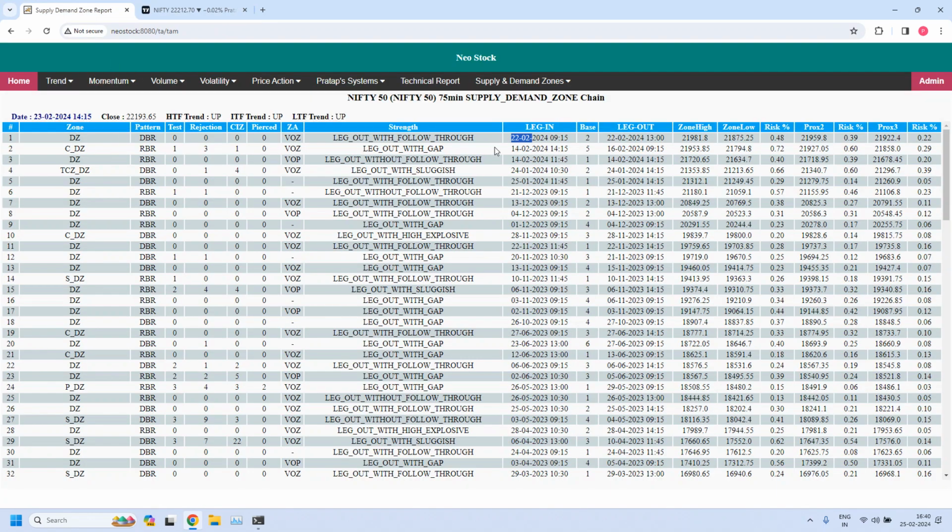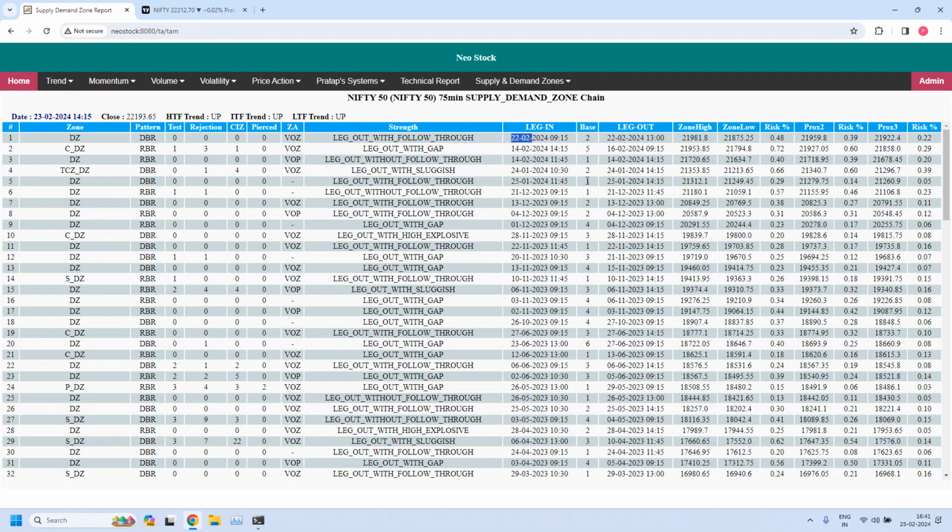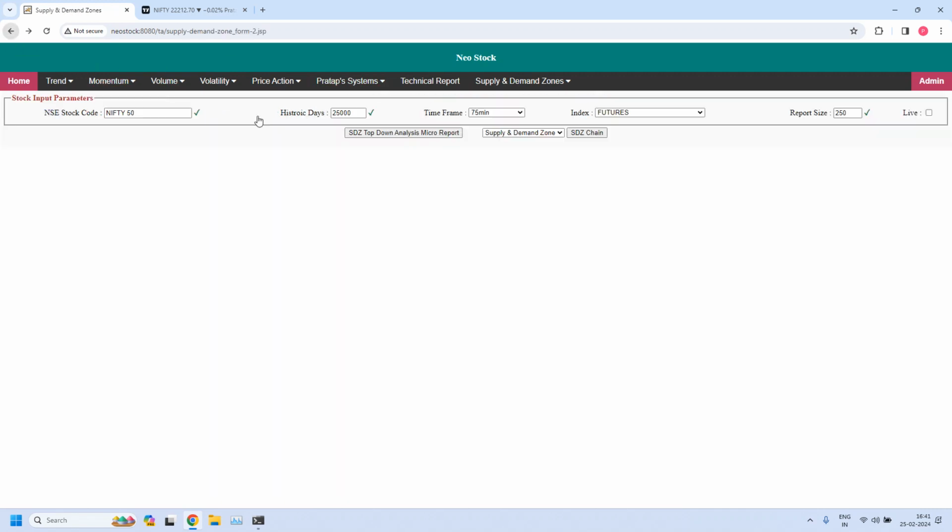Is it a demand zone? Yes. This is the one, 22 February 9:15, but only one base candle. It is showing 2. Which time frame is it? Oh, sorry. We have to go to 125 minutes. I'm sorry, I generated a wrong report. So first we have to go to 125 minutes.